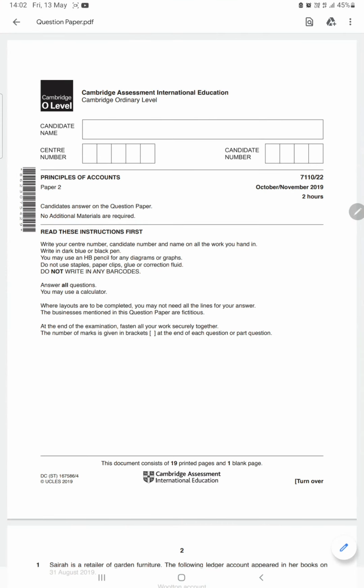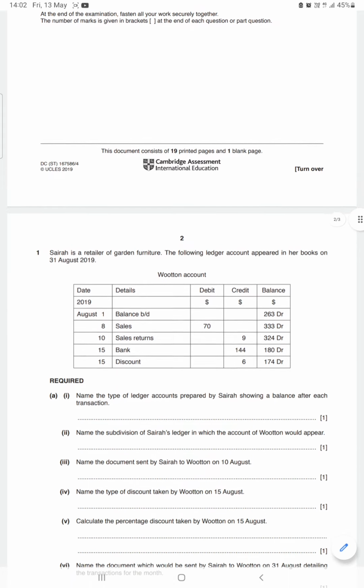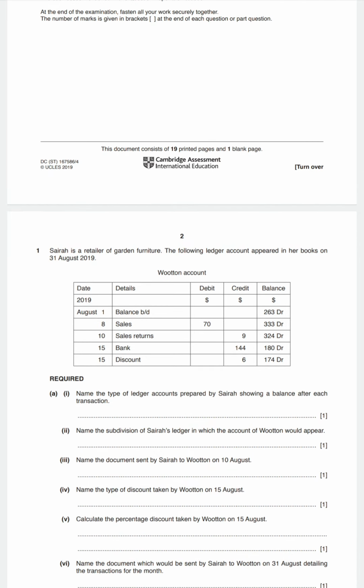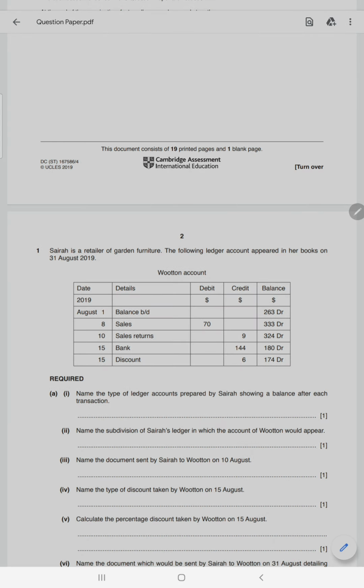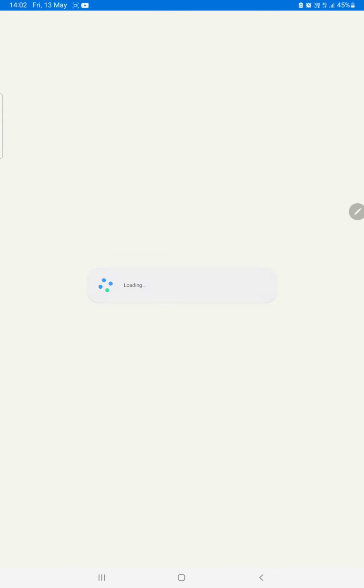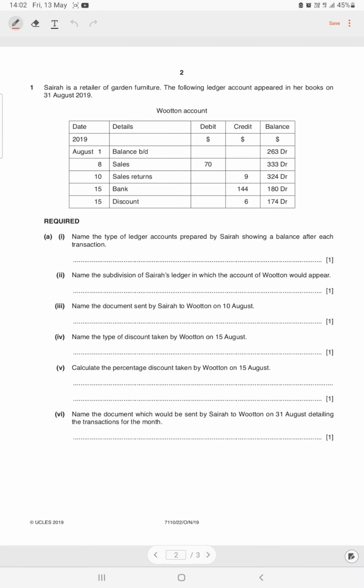This is the paper, and let's go to the questions and see. Okay, so first things first, let's start. Sarah, I'm assuming that's Sarah. Sarah is a retailer of garden furniture.